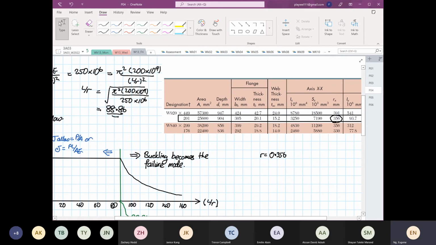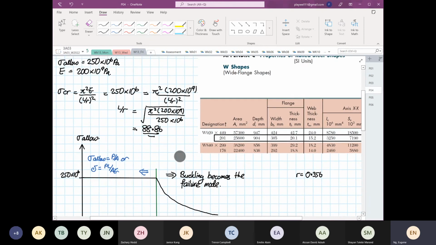We know that the material you use has an allowable stress of 250 and Young's modulus of 200. So we know that your L over R is equal to 88.86.